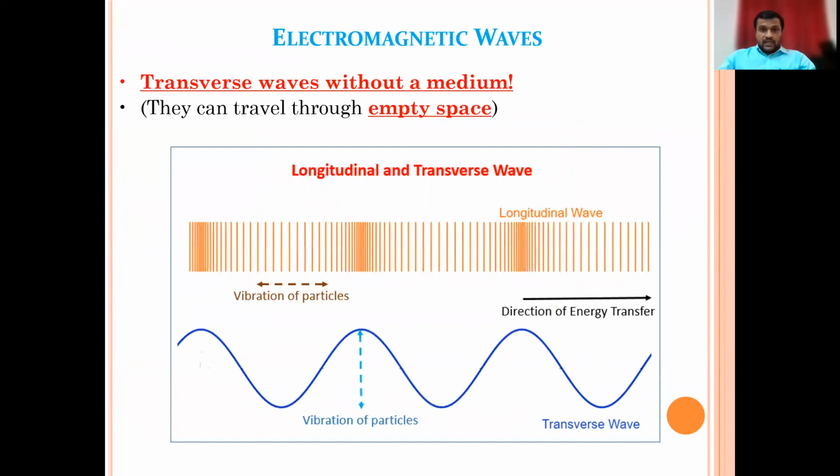Electromagnetic waves have two components, the electric field and the magnetic field. Electromagnetic waves are transverse in nature, and they can travel through space without any medium. That is why electromagnetic radiation travels with the speed of light.